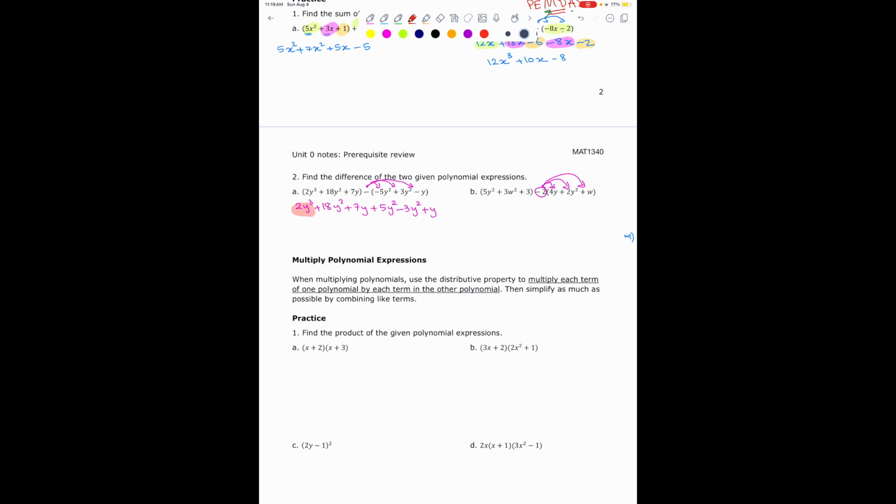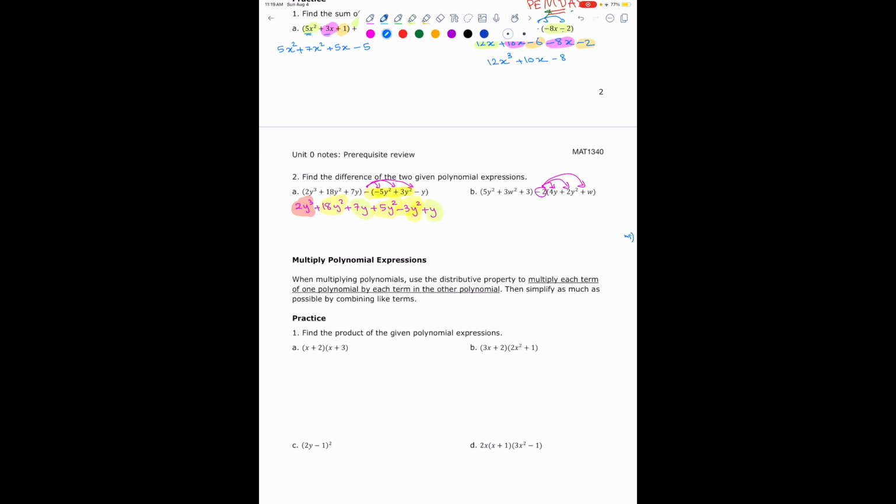Negative 2y cubed does not have any like terms here, so we're going to keep it like that. 18y squared is similar to 5y squared and negative y squared. I could have done the simplification here inside of the parentheses first. And then the last expression, 7y, is similar to positive y.